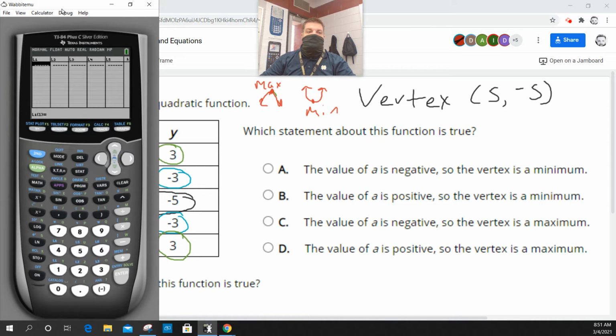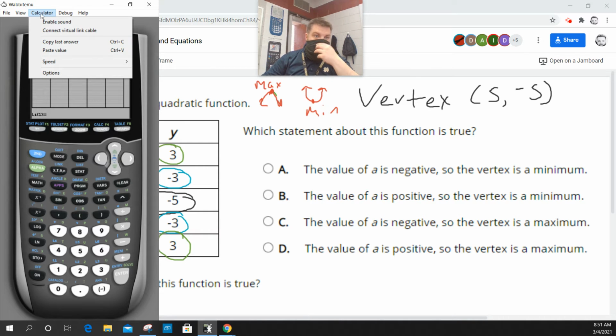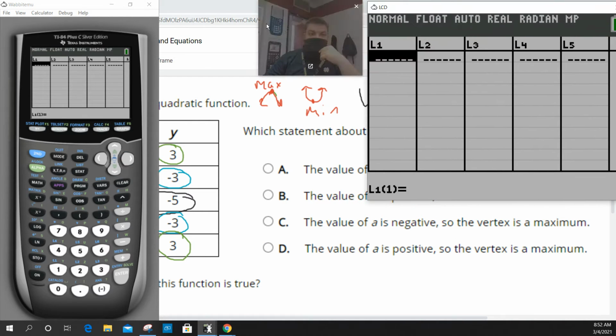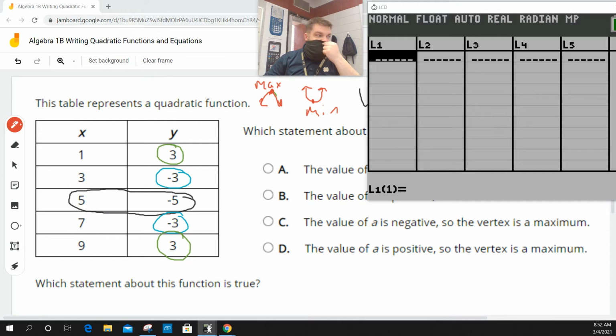Now, what I'm going to do is enter the values into the table just as I see them on the question. Let me make it real big so you guys can see what I'm doing. My first x value is 1. I'm going to hit 1, then hit Enter. My next x value is 3.